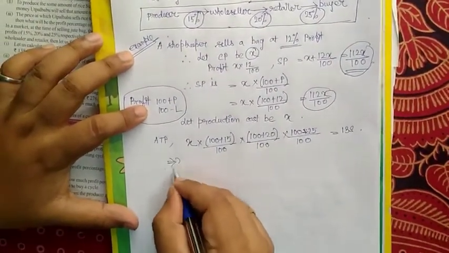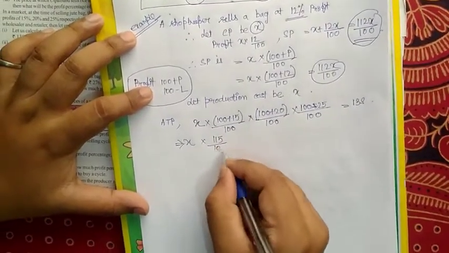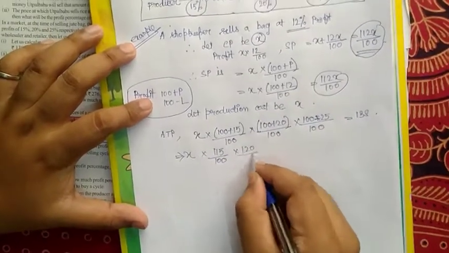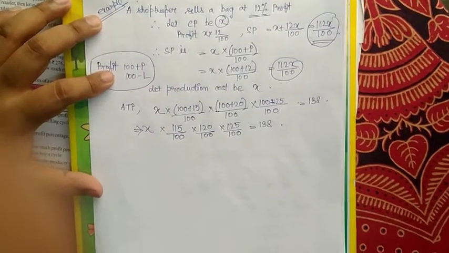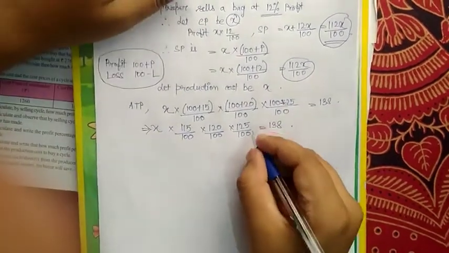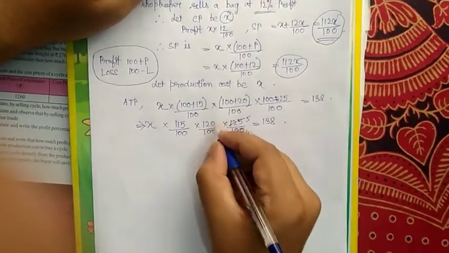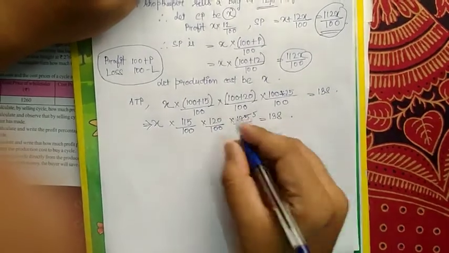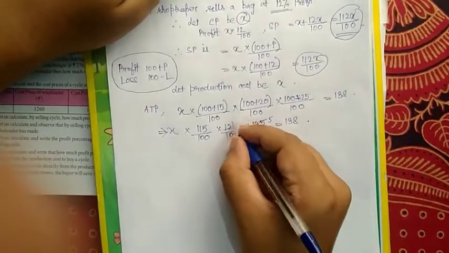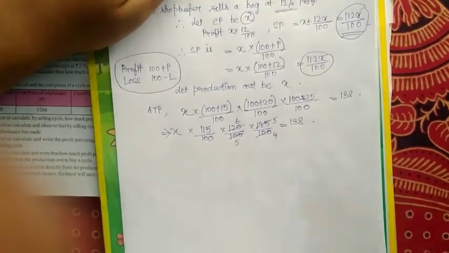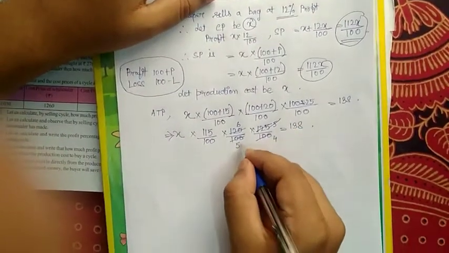So x into 100 plus 15, 115 by 100 into 120 by 100 equal to 138. So first eliminate by 25, this should be 5 and this should be 4. By eliminating by 20, we get this is 6 and this is 5, and after that 5 and 5 cancel out.